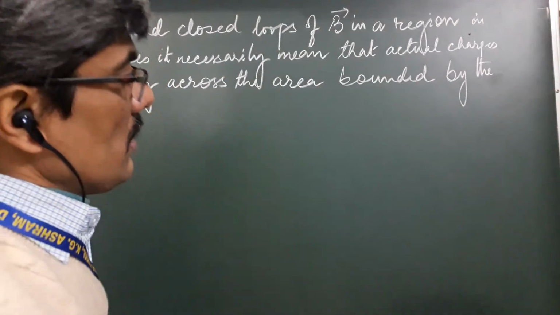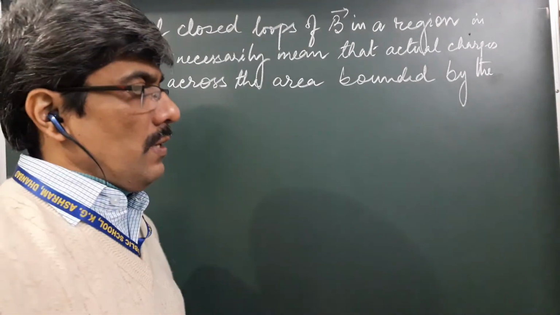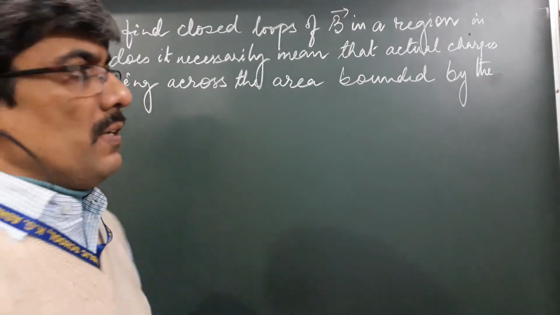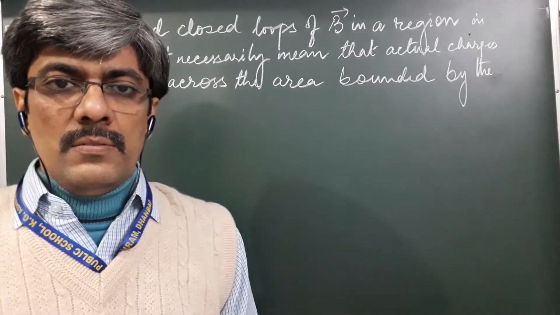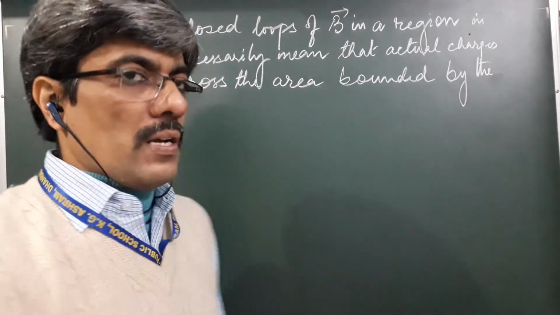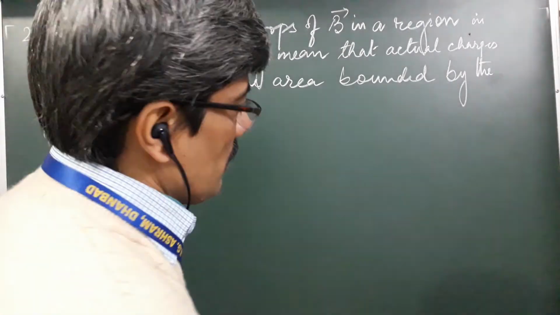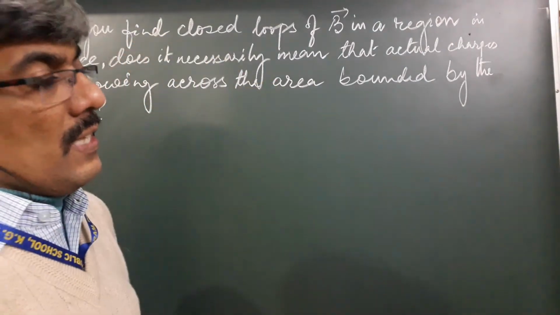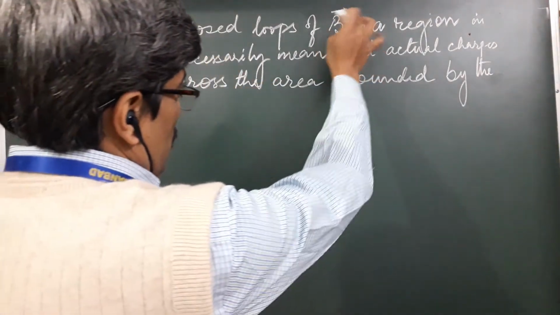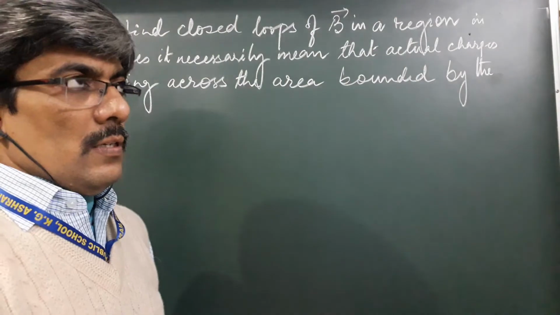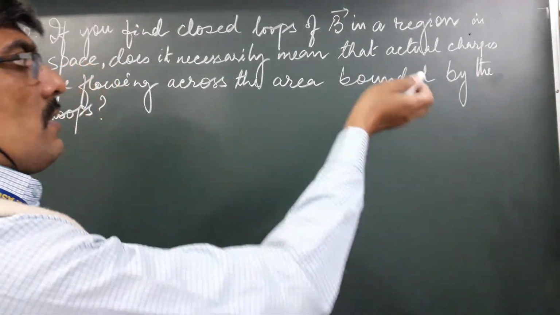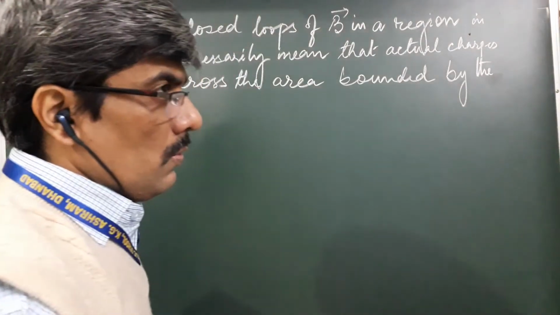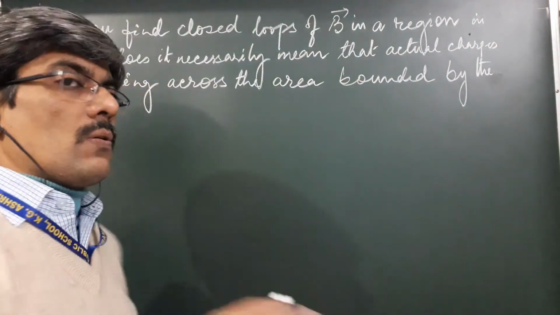Students, we generally know that wherever there is a current associated with a conductor, there is a magnetic field around it. Now, the question is, if you get a closed loop of magnetic field, is it always necessary that there are charges associated with that loop or charges actually crossing that loop?